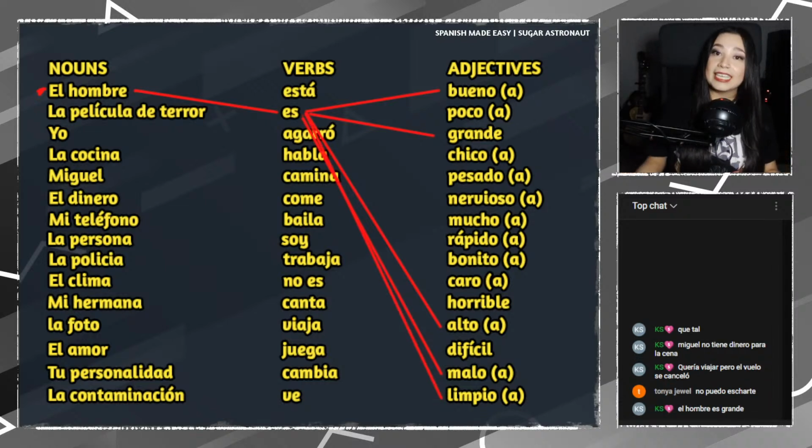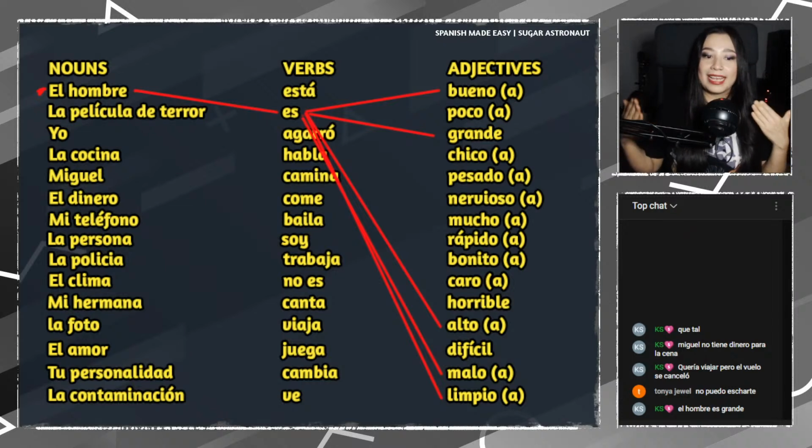Someone who's clean, you can say el hombre es limpio. So right now, we have quite a few sentences. We have 1, 2, 3, 4, 5 different sentences. And they're all really helpful to know. Like you're describing a man, and that's good.